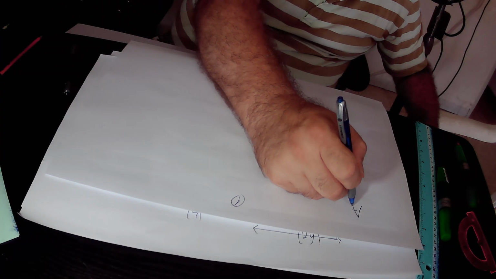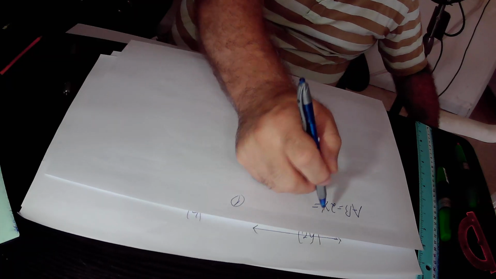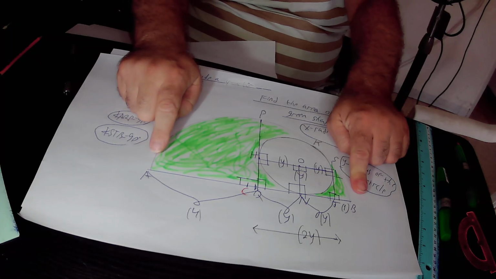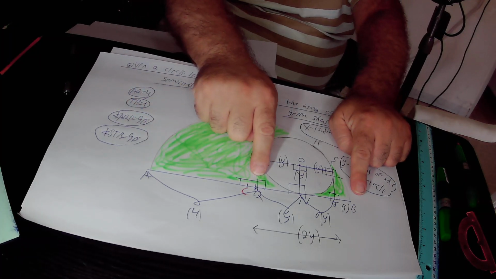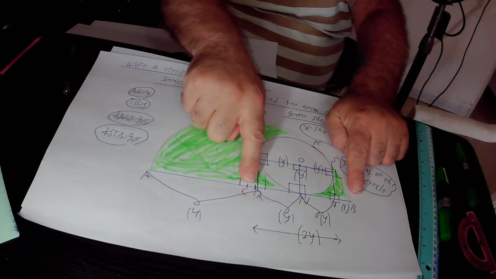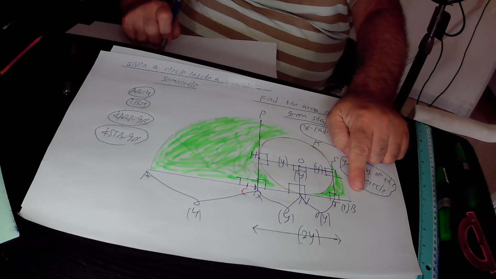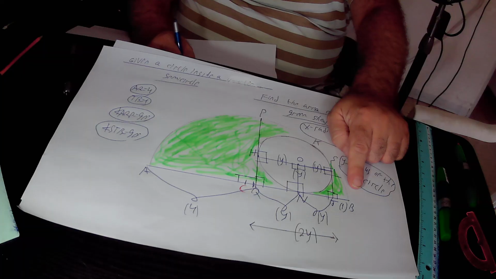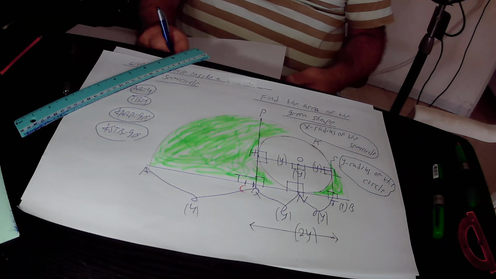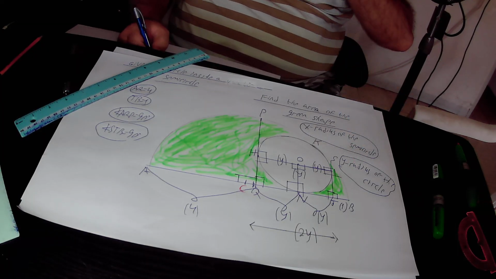The diameter AB must be equal to 2x from one side, but from the other side, AB is also equal to AQ plus QT plus TB. So I write it down. AB in total equals AQ plus QT plus TB.